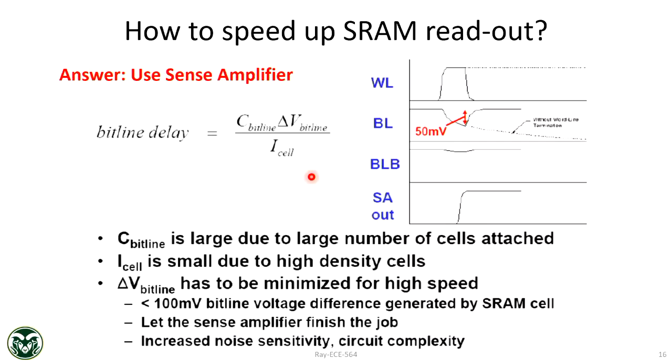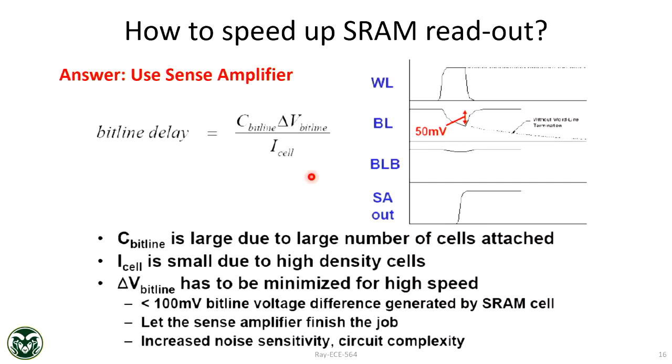That's what we are using here. Q I can write as current times time, the charge, and this is equal to capacitance times change in voltage. So that's what it is.